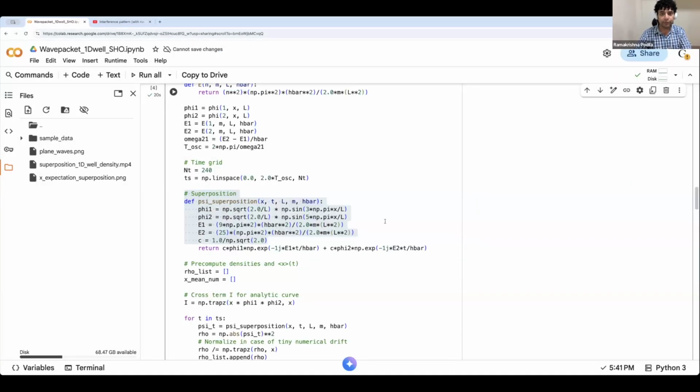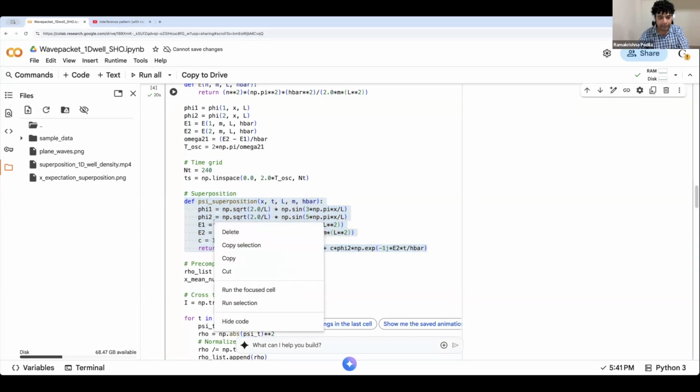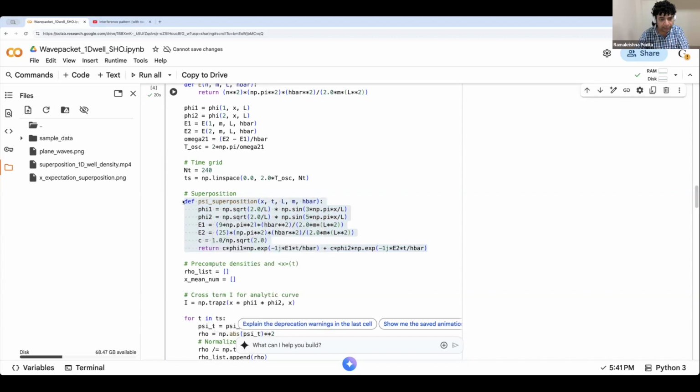Then I can ask what this is doing, right? Explain this part of the code. There was a better way of doing this, that usually shows up right here, but okay, explain what this part of the code is doing.